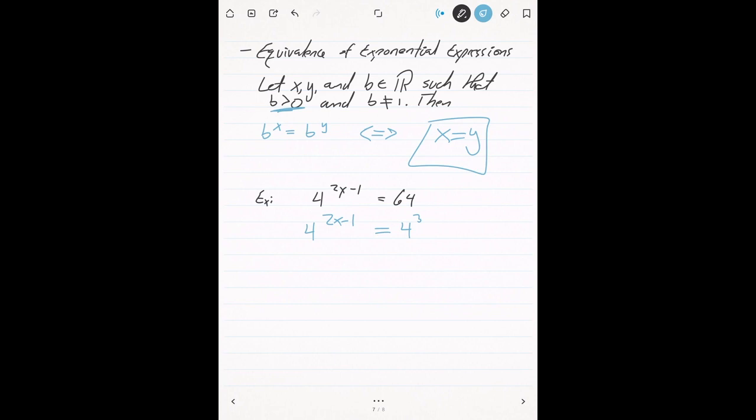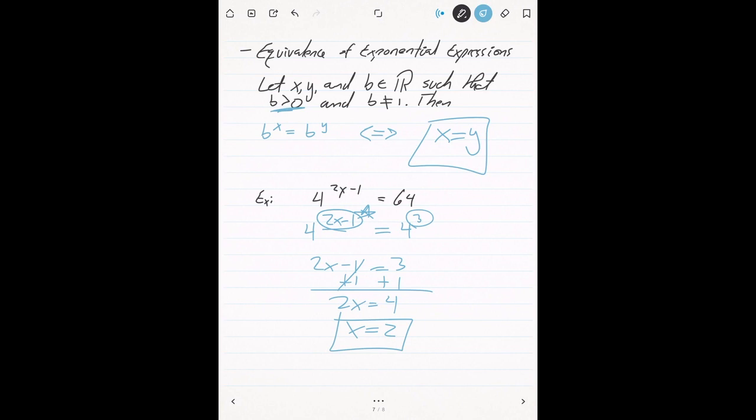Well, here I'm saying 4 to some power gets me 4 to the third. That means that these better, in fact, equal each other. 2x minus 1 better be 3. Whatever this number is right here, it better get me 3. So if I solve for it, we get 2x equals 4, x equals 2. And there we go. It works.